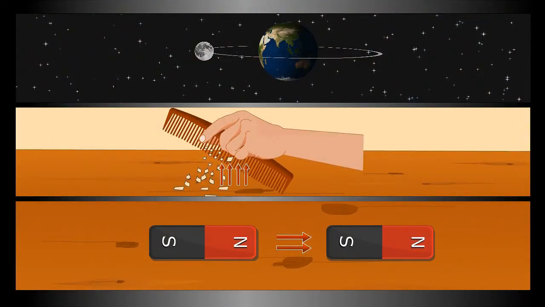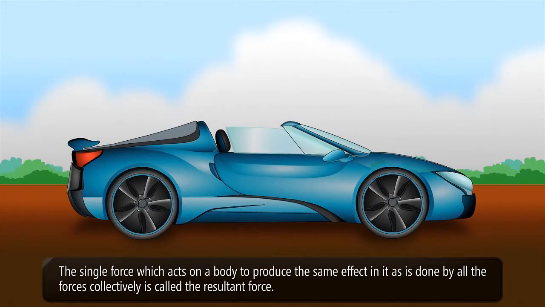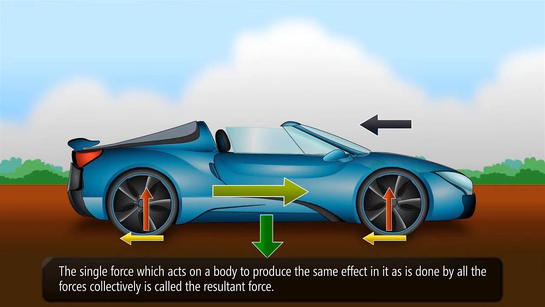Examples of such forces are gravitational force, electrical force, and magnetic force. Resultant force. The single force which acts on a body to produce the same effect in it as is done by all the forces collectively is called the resultant force.